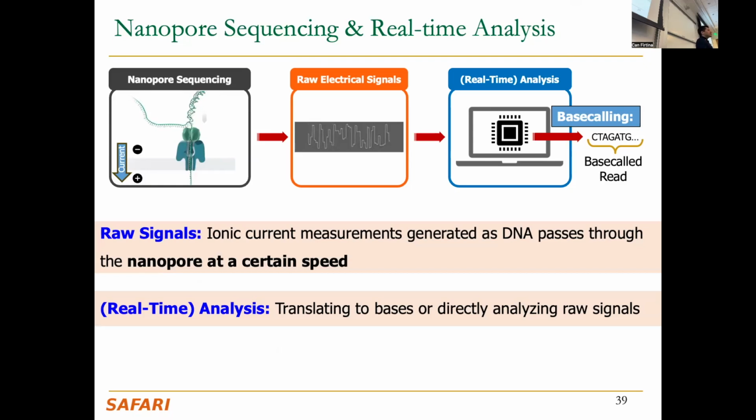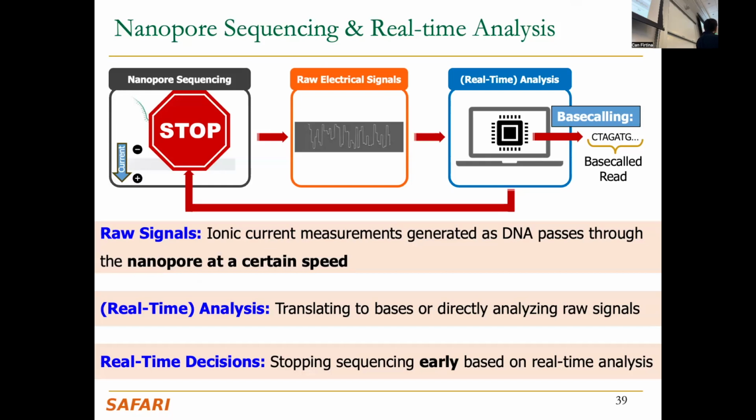We could be translating these electrical signals to ATGCs again, using a computational approach called base calling, or we could also directly analyze these raw electrical signals without base calling them. But the opportunity here is that these electrical signals are reported in real time. So this means that we can also start analyzing these electrical signals in real time while they are being generated.